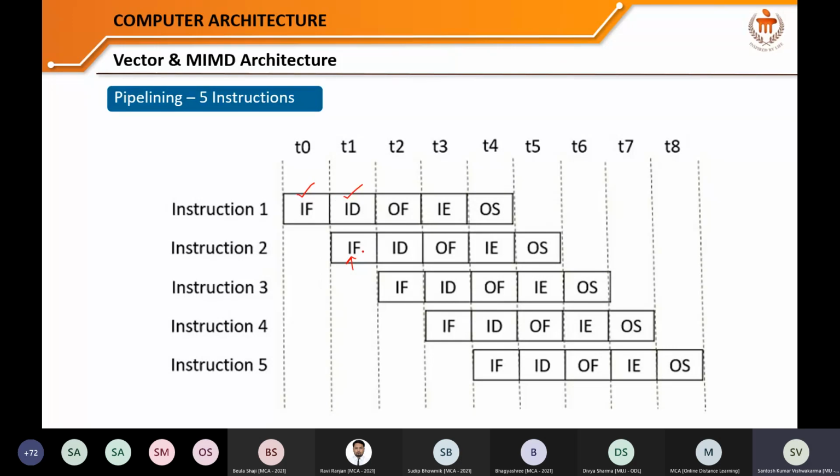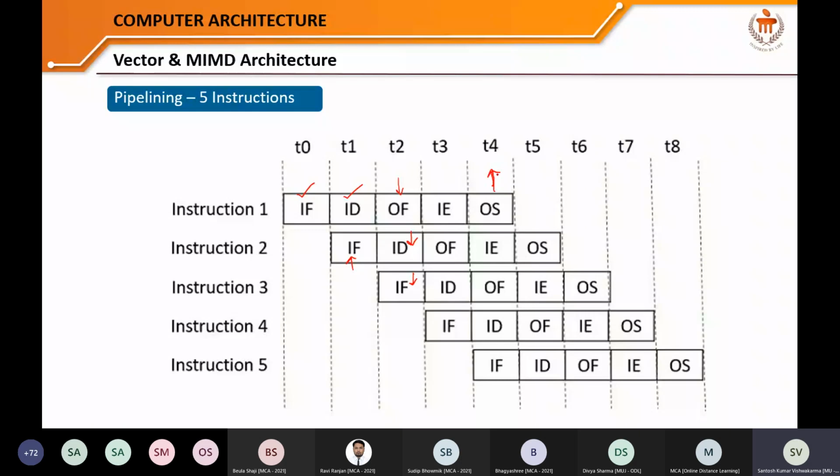And then in T2, we can see that there are 3 instructions all started. We are in operand fetch for the first, decode for the second, and fetch for the third. At T3, we have 4 subtasks. And at T4, the first one is completed. Instruction 1 is done, so the operand has been stored and we have the output.